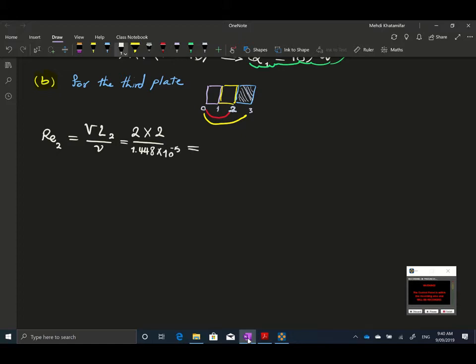So Reynolds number is going to be 2.762 times 10 power 5. Still laminar flow.